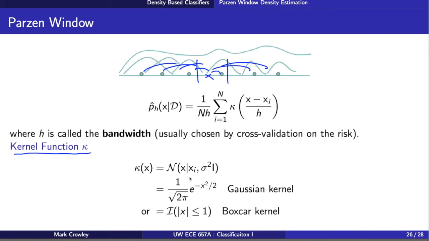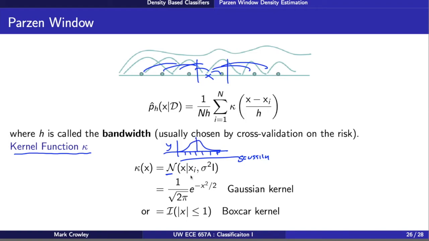A kernel function is a function that maps data points from one space to another. In this case, we're mapping points to the Gaussian, the normal distribution. You've got your x, and we're setting it to some value y given the normal distribution.